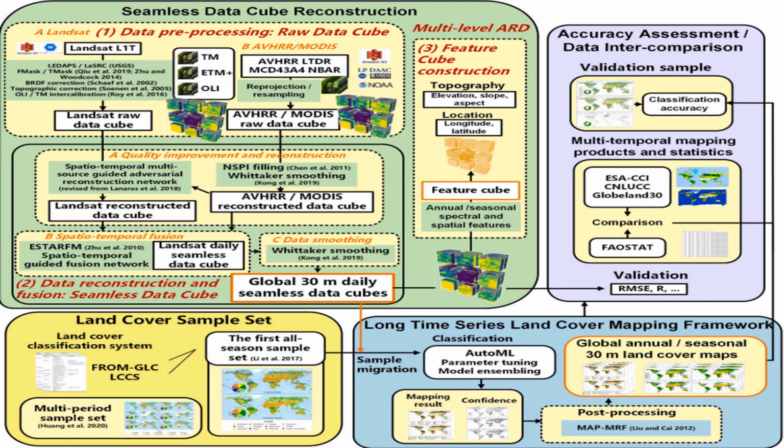It includes data processing and reconstruction, and fusion to generate seamless data cubes. It will cover spatial temporal fusion for enhanced accuracy, and post-processing ensures high quality land cover maps, with the entire process implemented in cloud computing platforms like AWS.